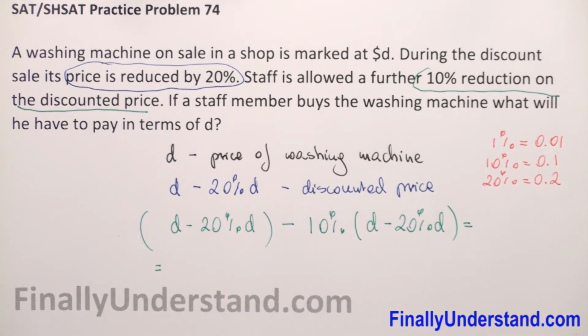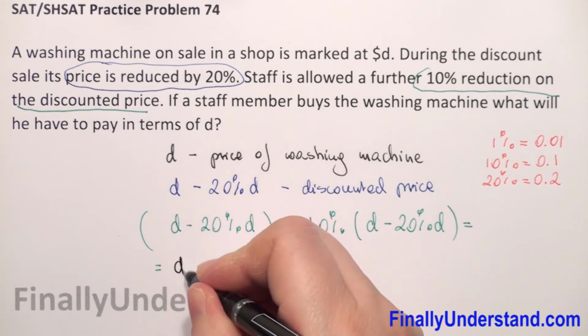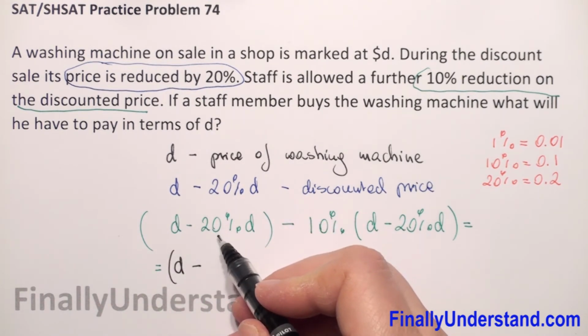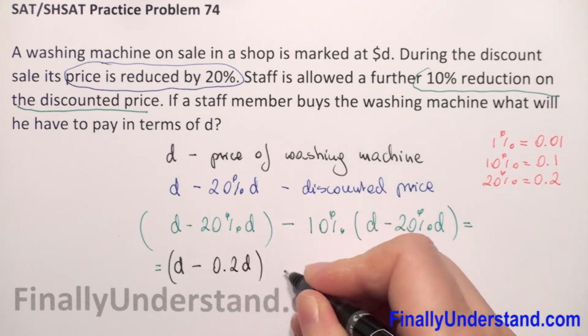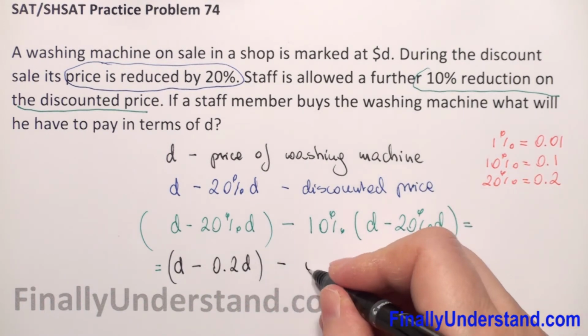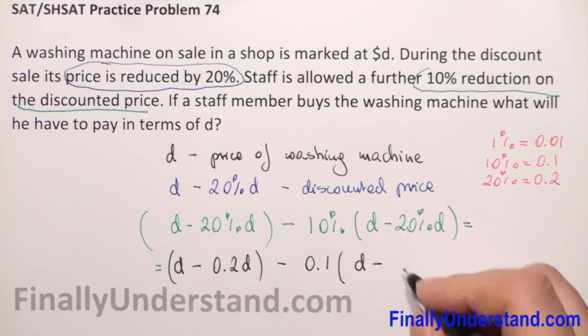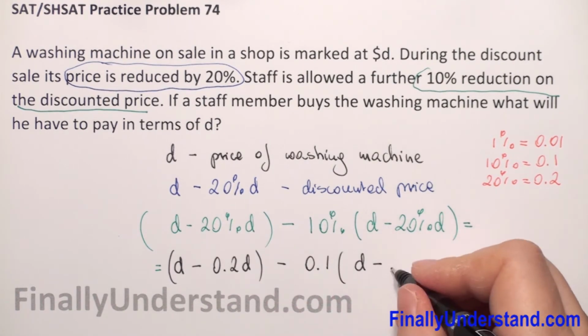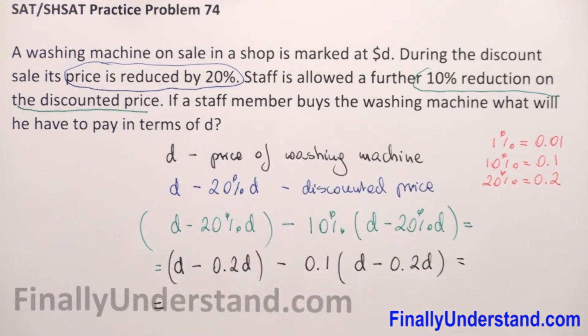So in the first parenthesis, first D we copy, minus 20%, so this is 0.2 D. We copy D, minus 10%, we change to a decimal number, so this is 0.1 times D minus, again, 20%, so this is 0.2 D we copy.